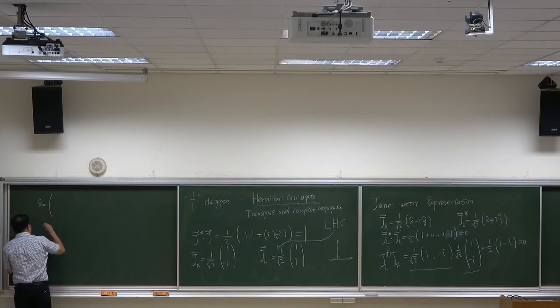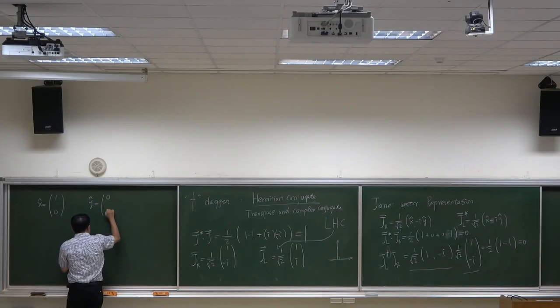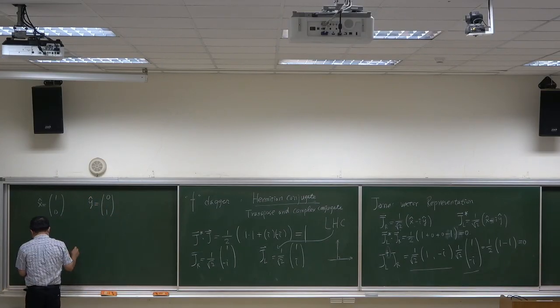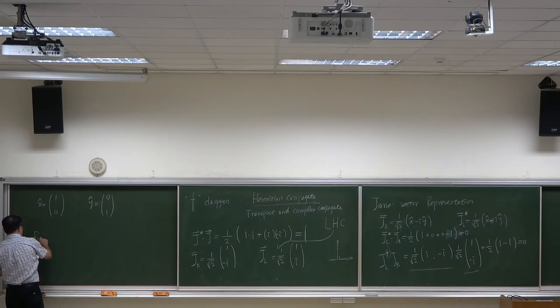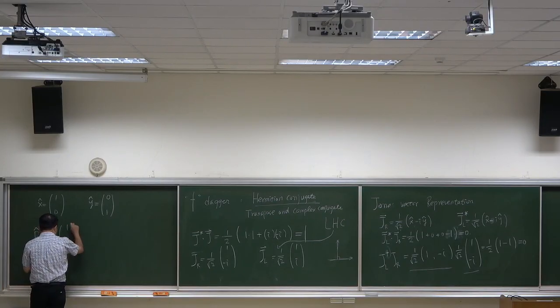X polarization can be written as (1, 0). Y polarization can be written as (0, 1). And right hand circularly polarized light, usually I write this as R hat equal to 1 over square root 2 times (1, minus i).